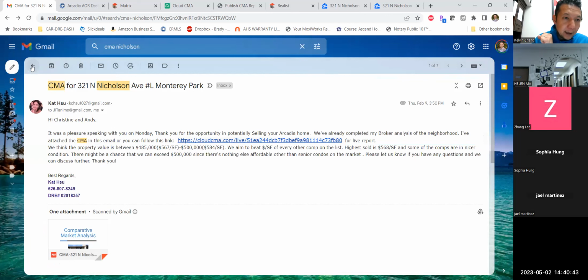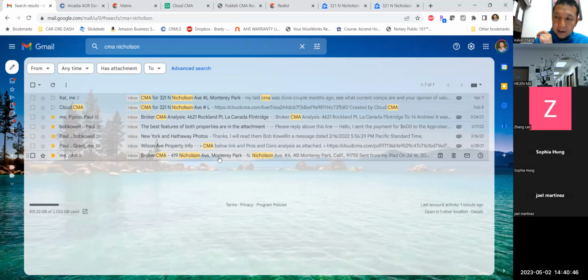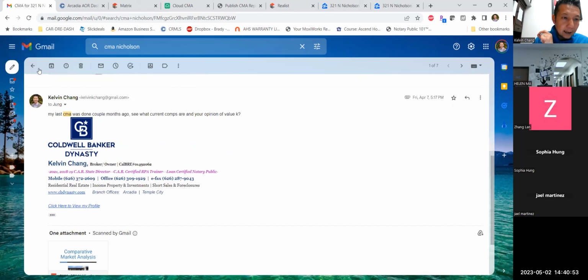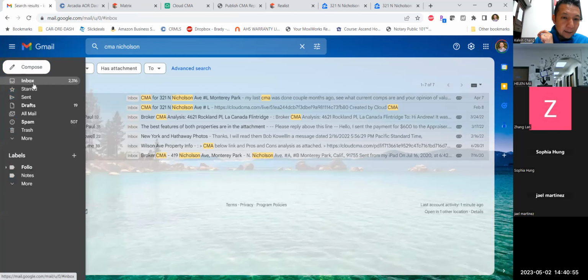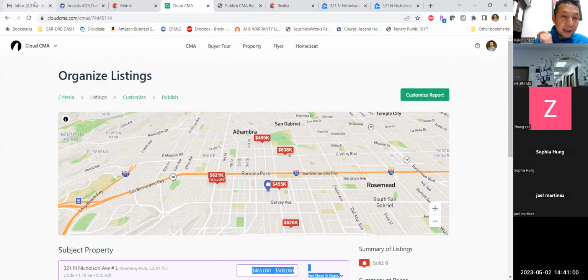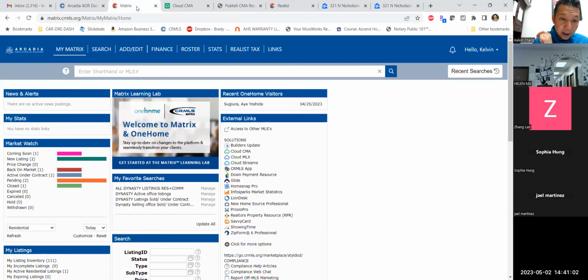Okay. But after I did my analysis in April, I did another analysis with them. And when I did my second one, I found that the value I told the sellers should be around 500 to 518,000. I said I can work on a higher number because the seller told me that they did some paint and made two different light fixture upgrades.